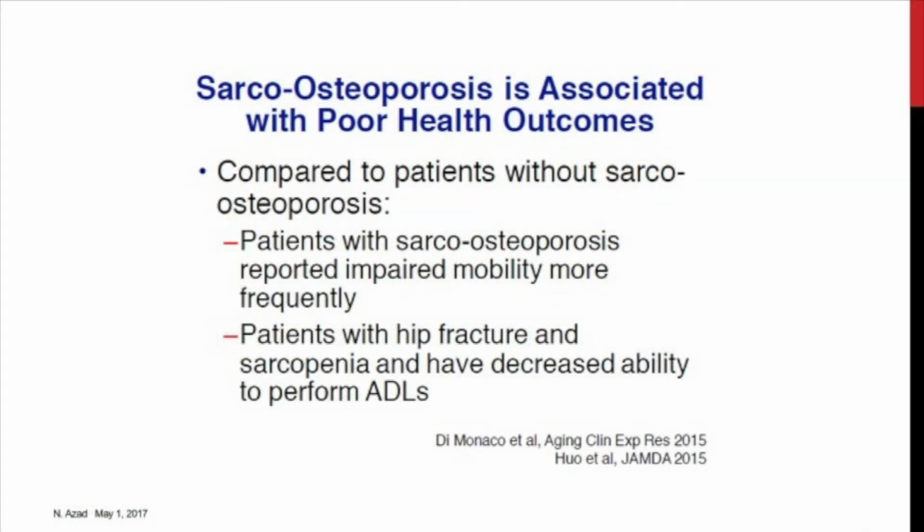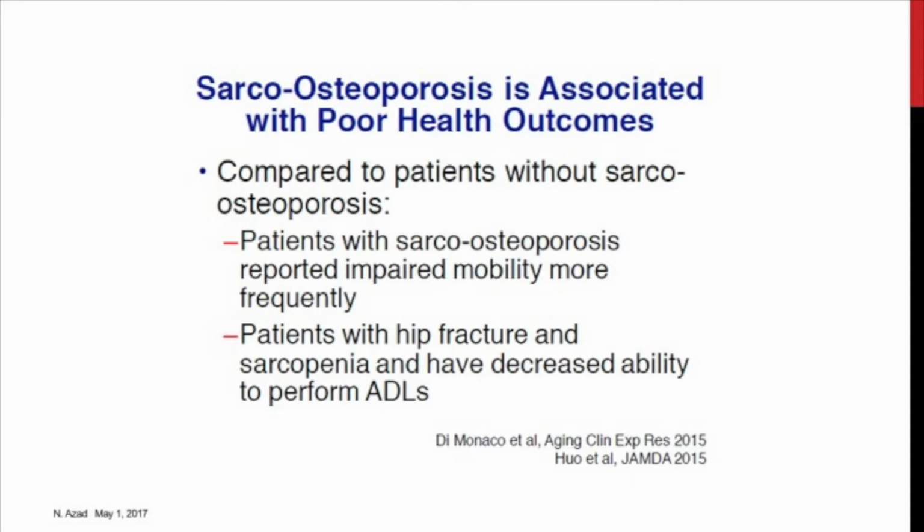So now I want to talk about osteosarcopenia, sarco being your muscles and osteo your bone. The health of your muscles and the health of your bone determines your function, your mobility, risk of falls, hip fracture, and loss of functional independence.